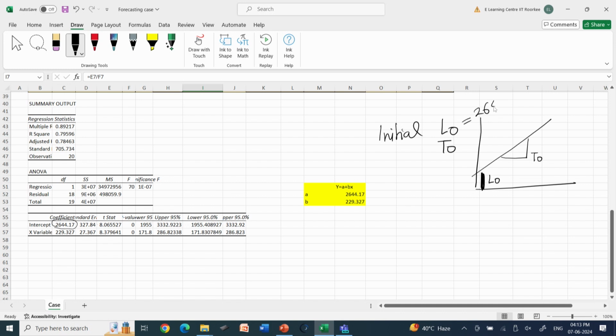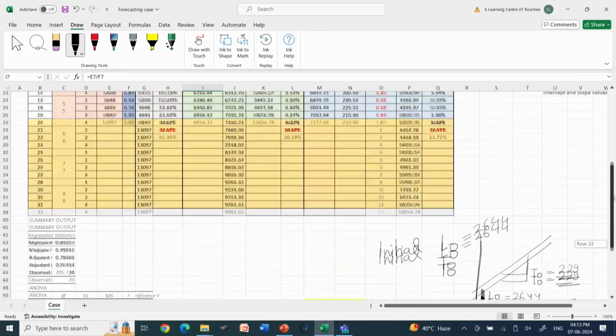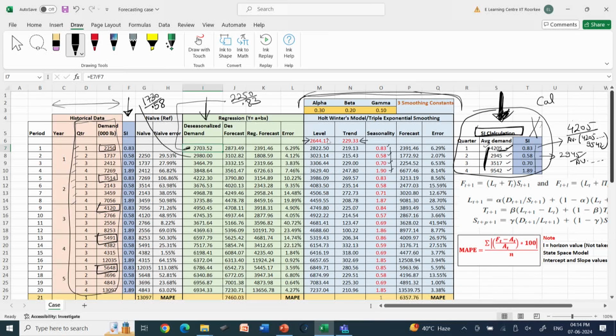That is my L naught, and T naught, the slope of this line, that is the trend, is 229. So, we got these values of L naught and T naught to start our process, and that is what we have written here directly as our level and trend. This becomes L naught, T naught, and our initial seasonal factors are also given to us.